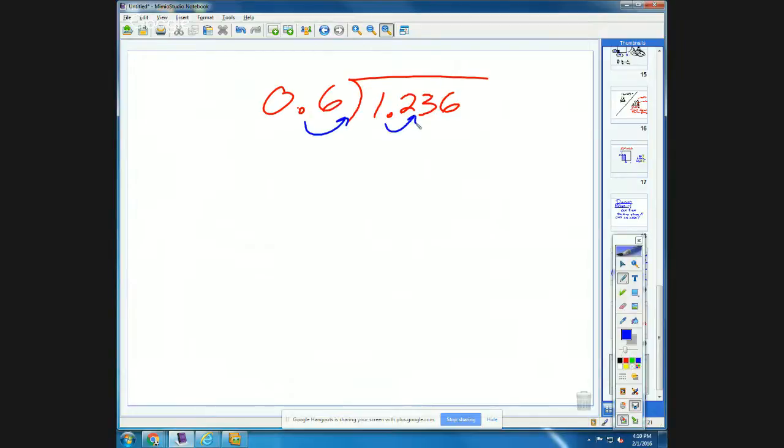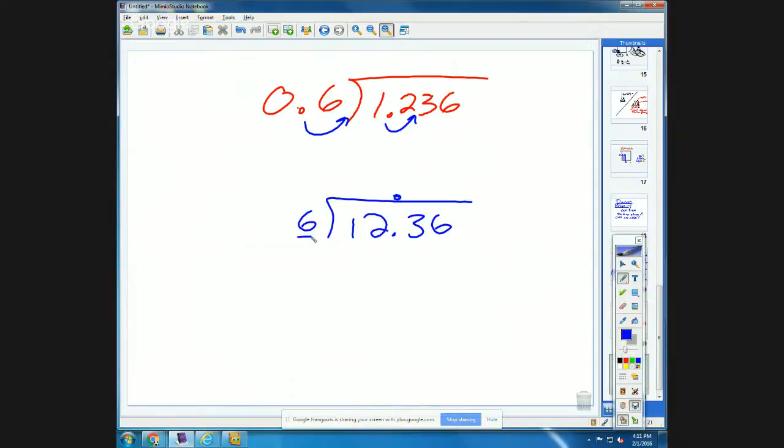The dividend just follows along. So this should be the same as 6 goes into 12.36. Doesn't matter that the dividend is not a whole number, as long as I know where the decimal goes in the answer. And it's all about counting, and I count with counting numbers.